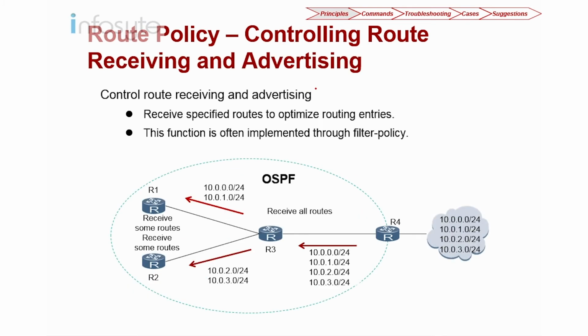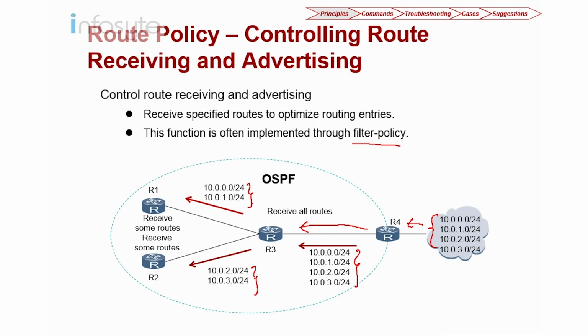If you want to control the route advertisement, we are going to use a filter policy. In this slide, we have one example. R4 receives these four routes and is advertising these four routes to R3. For these four routes, we have a condition. The condition is R3 is only allowed to send two of these routes to R1 and two of these routes to R2.